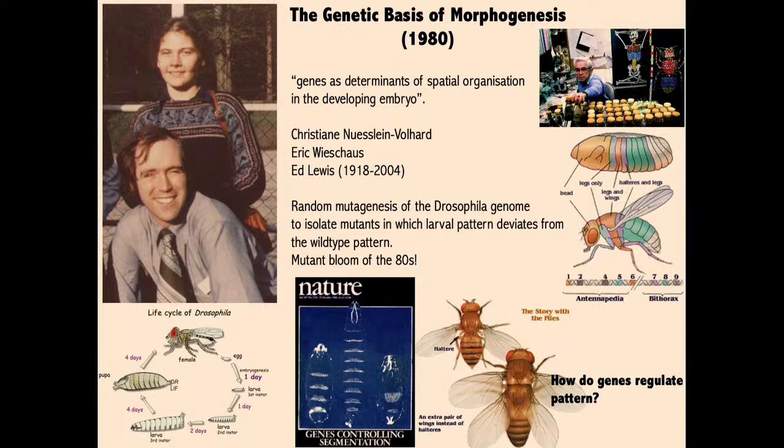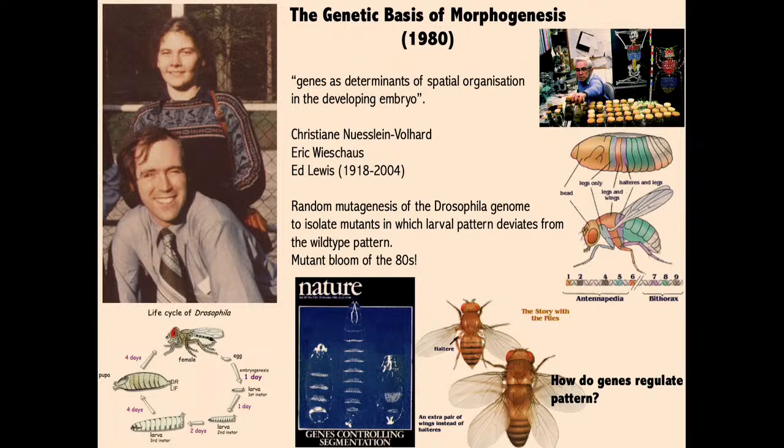This sort of experiment, which we call a genetic screen, actually allowed for the mutant boom of the 80s. They generated tons and tons of mutants and made them available to the community and said, if you want to work out how this gene regulates pattern, you can have it. That really drove a lot of research into the genetic basis of morphogenesis.